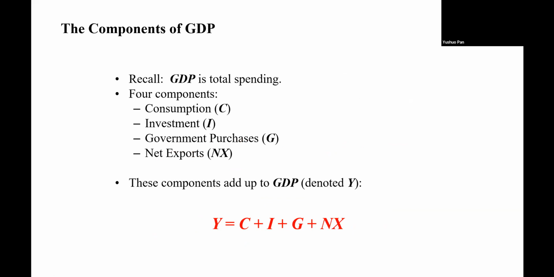Third, government purchases. The fourth one is net exports. So this expression is important: Y equals C plus I (investment) plus G (government purchases) plus NX (net exports). Remember this expression. Let's see the 4 components one by one.